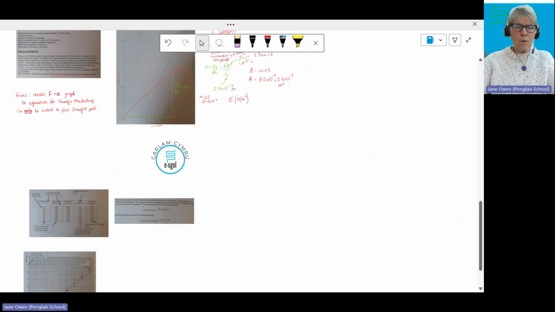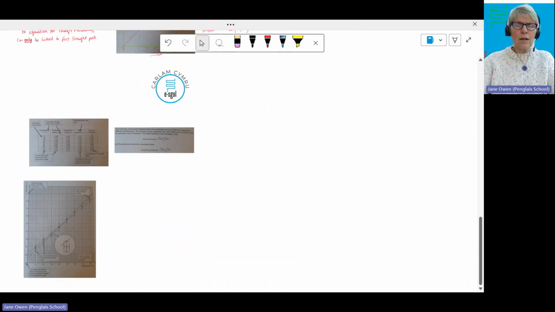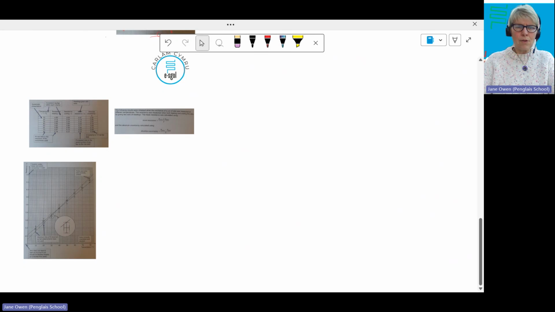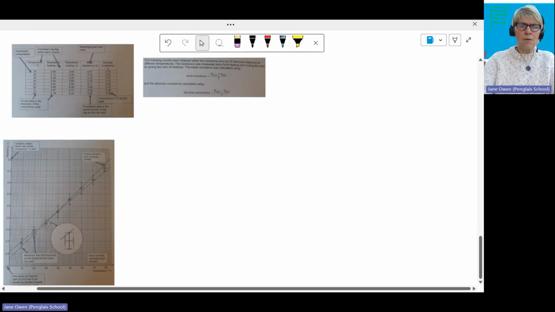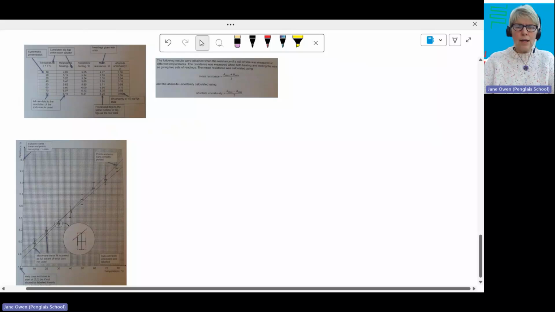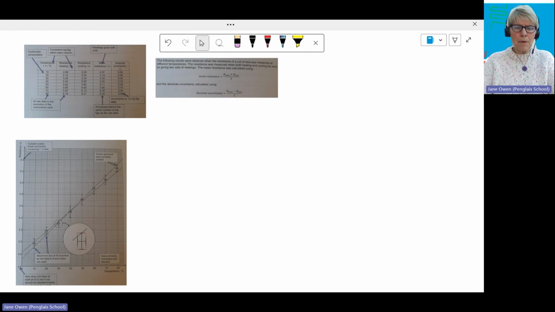What I'd like to go on to is looking at electrical experiments next time, and looking at what you will develop in terms of your graph skills, eventually drawing error bars.